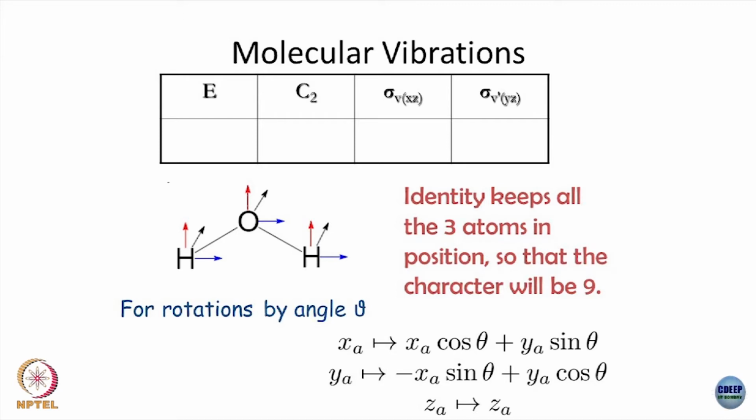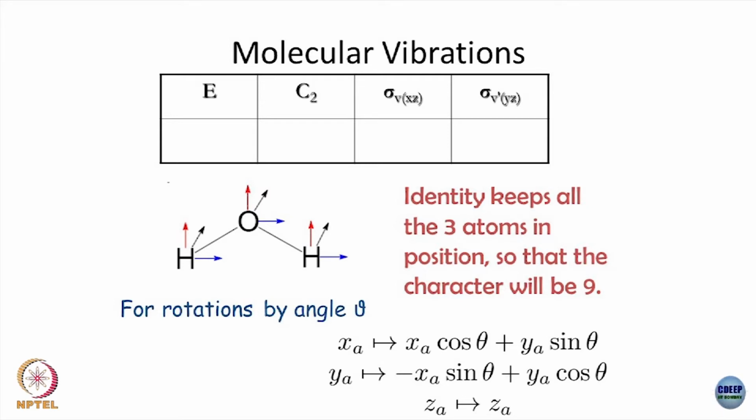But if you want to do rotation by an angle theta, I am taking theta to be arbitrary, which will be different for different groups, but a discrete value. Okay. So, if you take rotation by theta, the x, y and z coordinates for every atom will undergo this transformation.